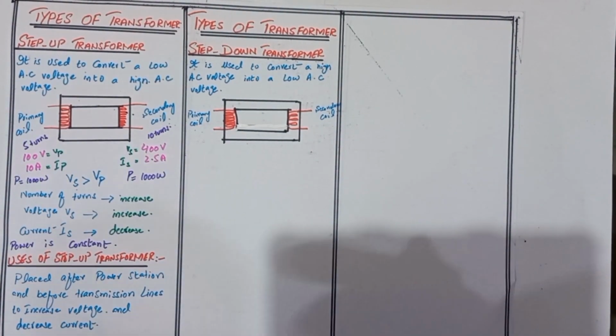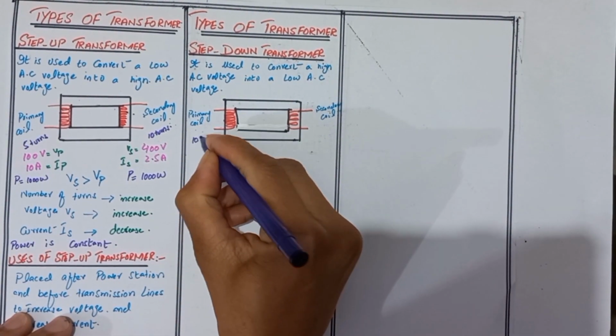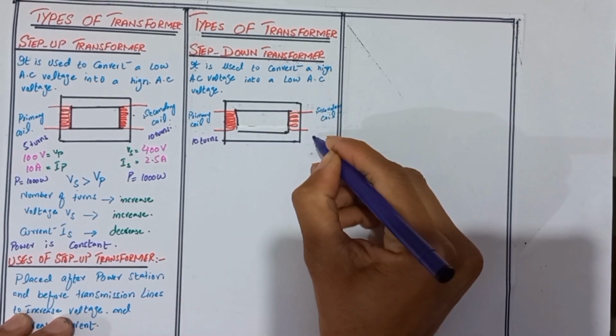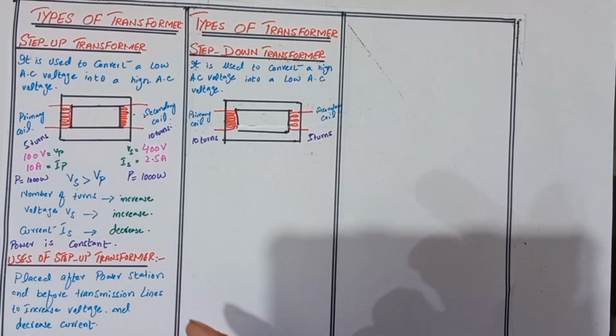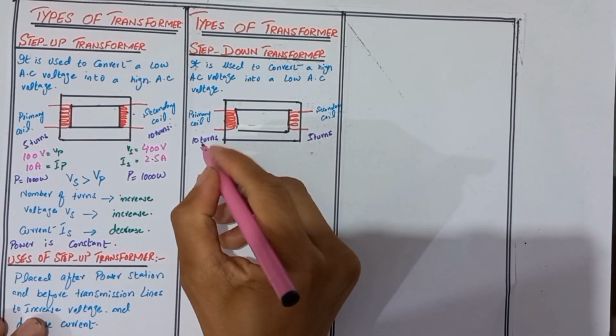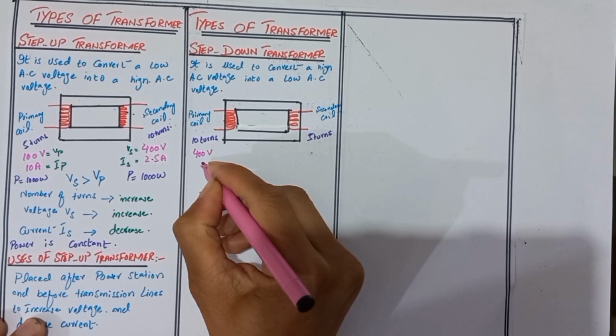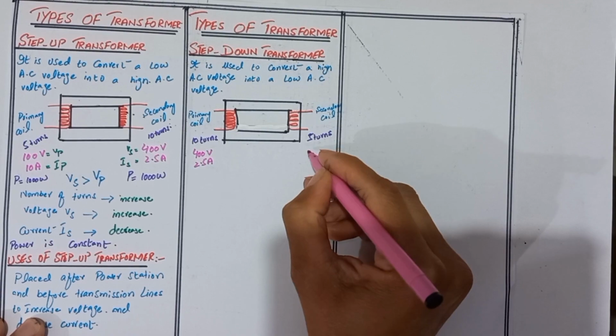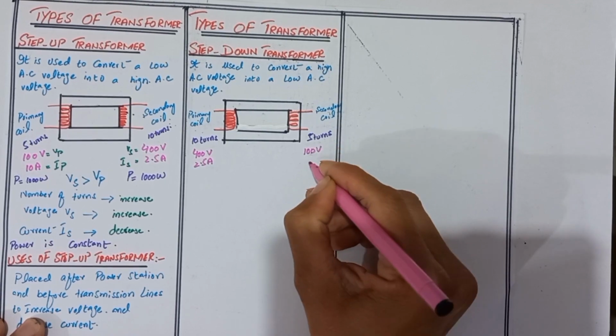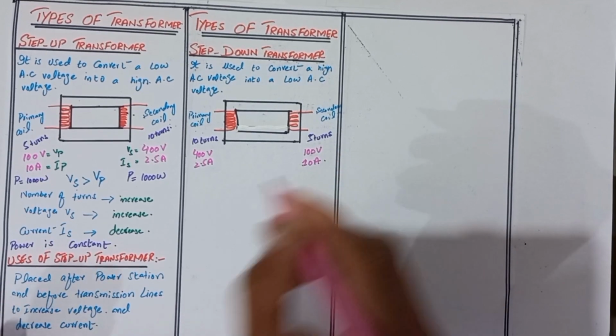Let's suppose in the primary coil the number of turns is 10, and here the number of turns is 5. Let's suppose here we apply 4000 volt and the current is 2.5 ampere. Here we get 100 volt and the current is 10 ampere.